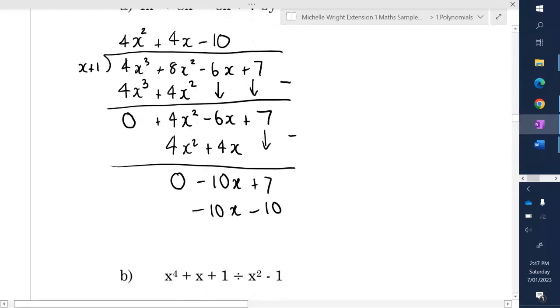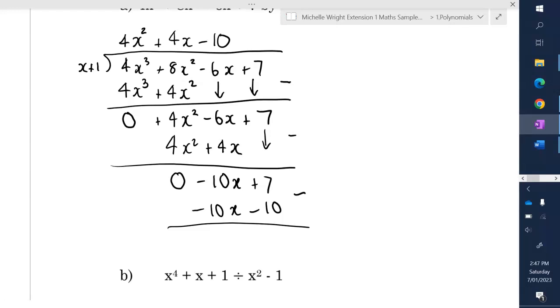So again, what we've aimed to do is to get rid of this first term, but we need to do a subtraction in there. Minus 10 minus minus 10, which is minus 10 plus 10, is 0. That's what we want. 7 minus minus 10, which is 7 plus 10, which is 17. I can't go any further. x cannot go into 17, so I have my solution here.